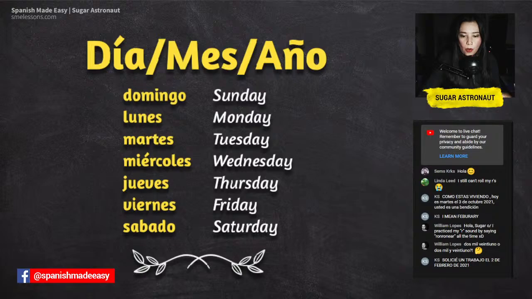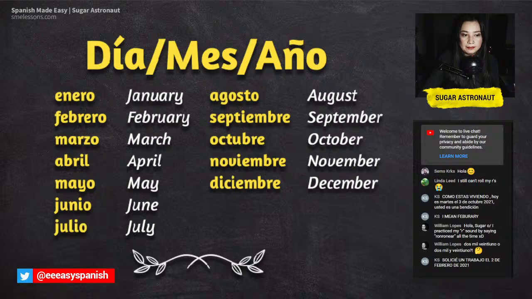So all of these days are masculine. And also the months are masculine. El mes de. So you won't say el enero, el febrero. You would say more like el mes de enero.